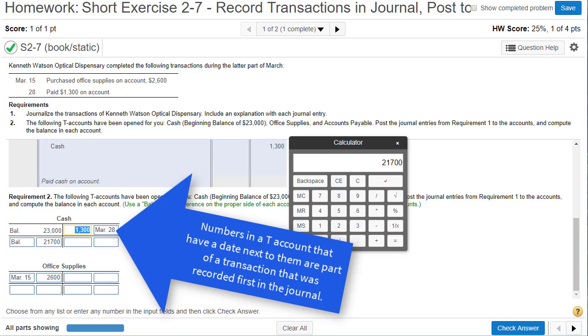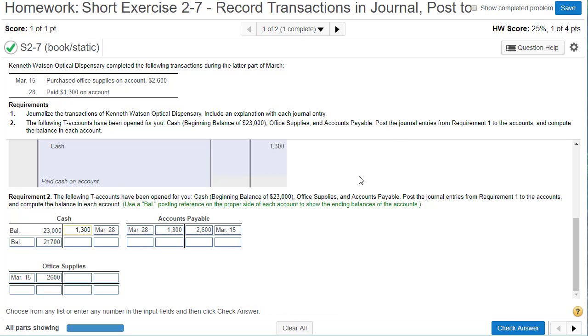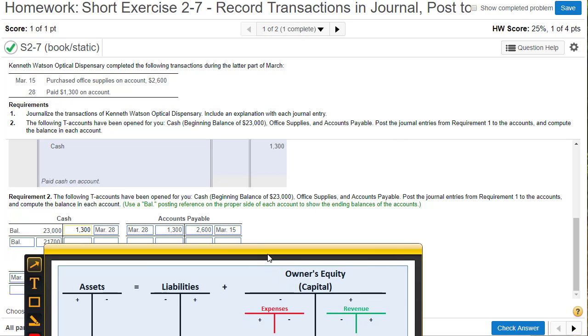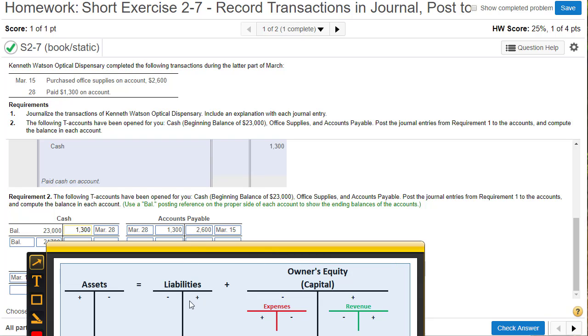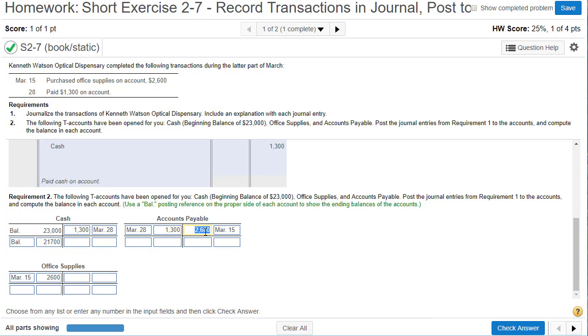All right, now we're going to calculate the balance of accounts payable. So accounts payable is a liability, so its plus is on the right side, the credit side. So these are pluses. 2,600 is a plus, 1,300 is a minus. So 2,600 subtract 1,300 gives us a new balance of 1,300, and put BAL so that someone reading this knows that this is a balance and not a transaction.